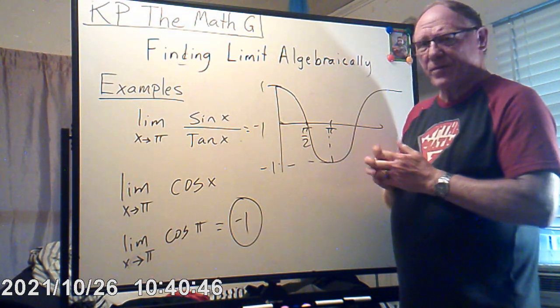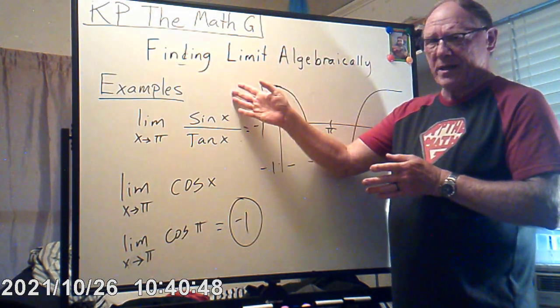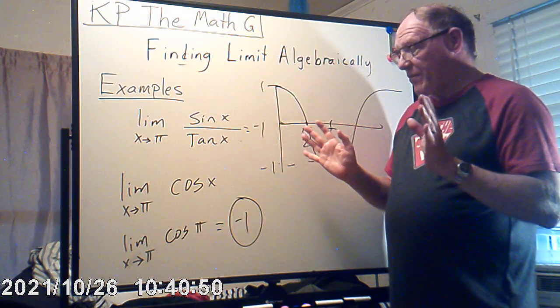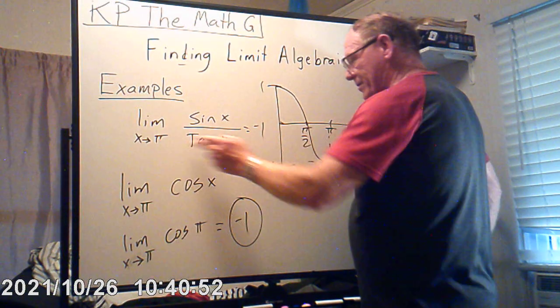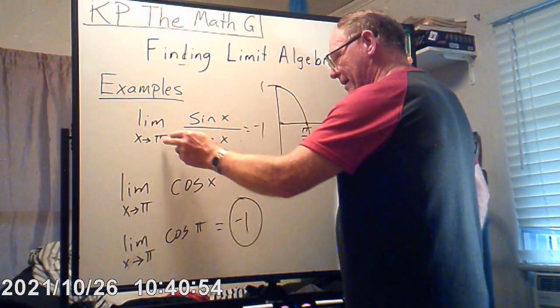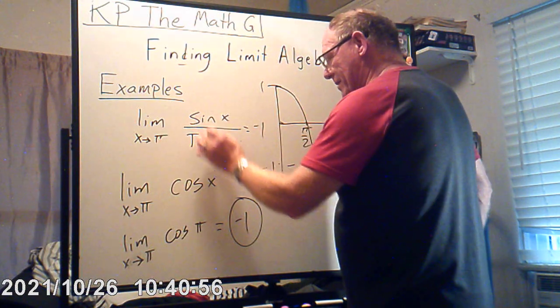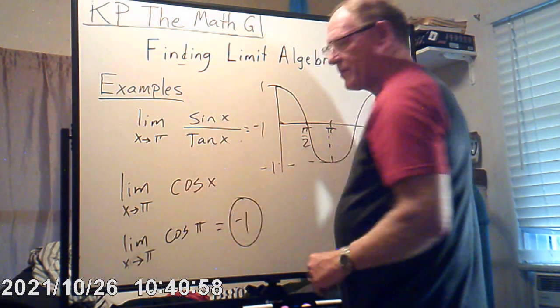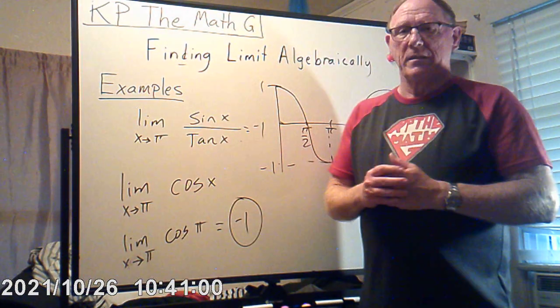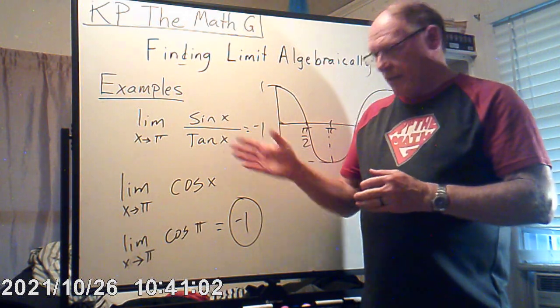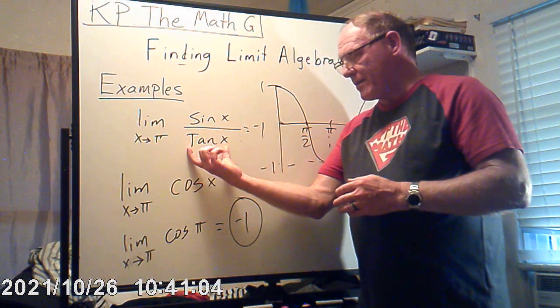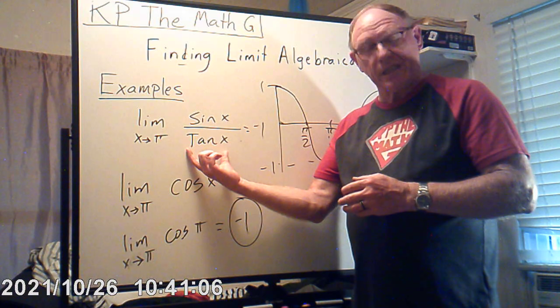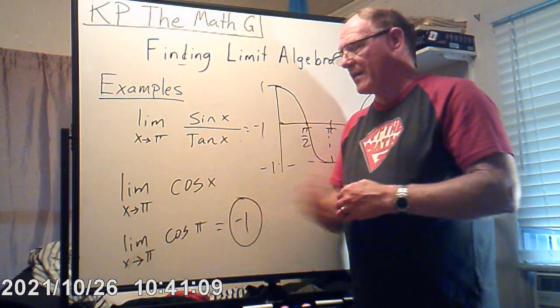As you found out, sometimes you can just plug in a number. See if you can. But if you get that 0 over 0, you're going to have to do a little bit of something there. In this case, we had to use the identity of tangent, getting sine over cosine.